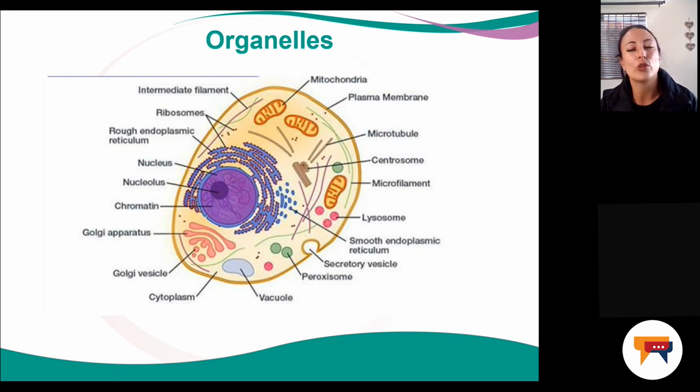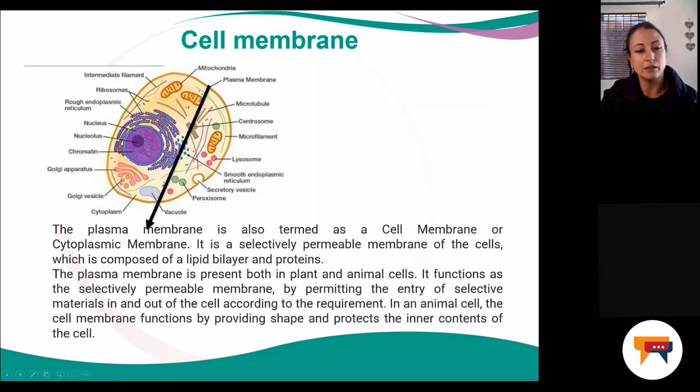I'm going to go through a few different organelles and their function, why they make the cell what it is, and what they have to do for the life of the organism that they're in. The first one we are going to have a look at is the cell membrane.